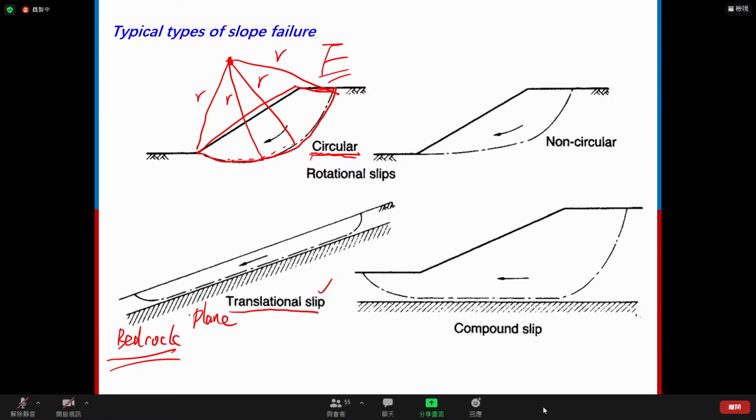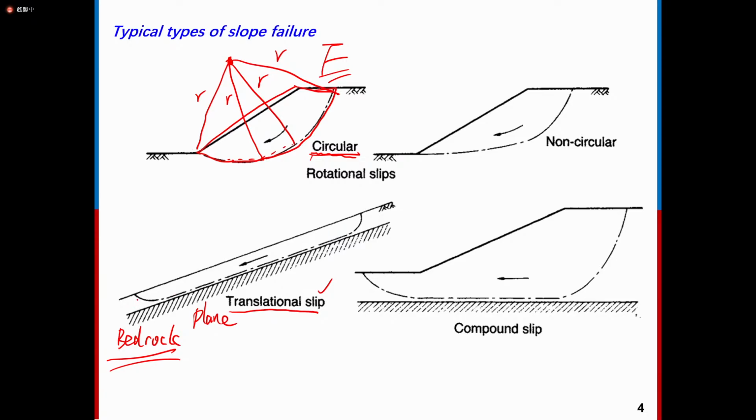So the soil on the surface, like the deposited soil, will present this kind of configuration. It will slip along one direction, with no rotation, downward, so we call it a plane translational slip.